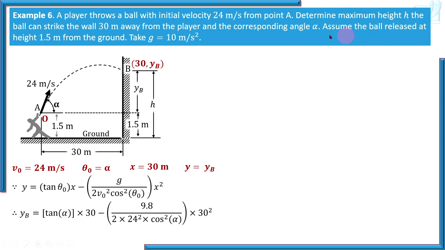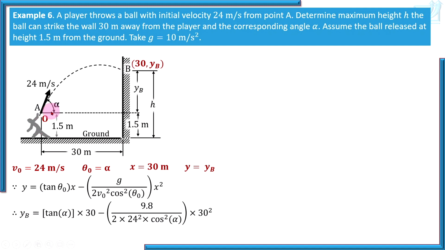You are asked to find the maximum height h and the corresponding angle alpha. That is why the problem suggests you use the condition of maxima-minima. You want to find the maximum. Check here: if you go on changing the angle alpha, say alpha is much less, then the ball will strike the wall much below the point shown in the diagram.